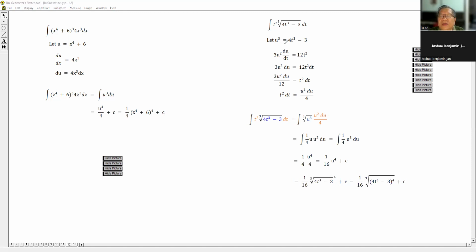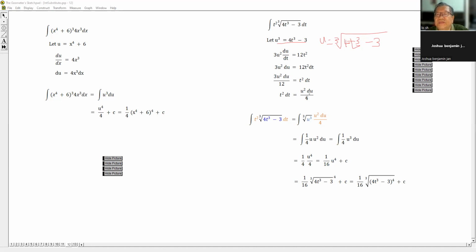From this equation here, u is actually the cube root of 4t cubed minus 3. So u cubed is 4t cubed minus 3, and u is the cube root of 4t cubed minus 3.